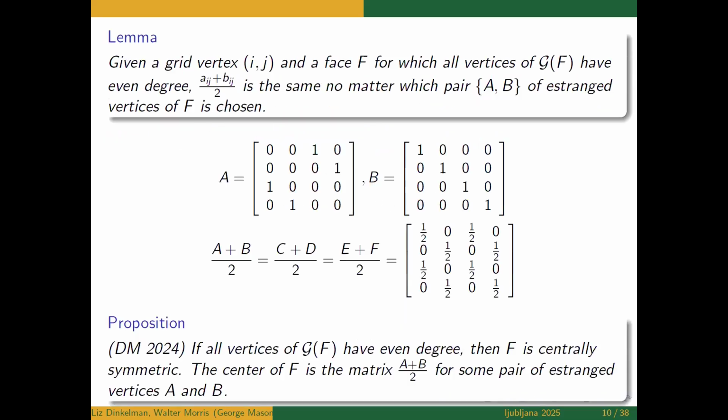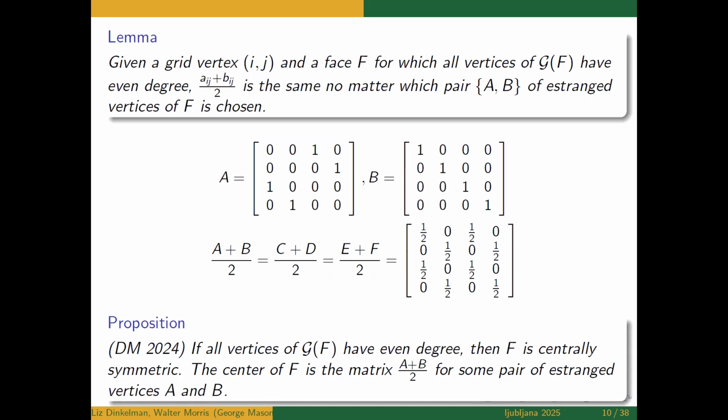All right, next concept. Given a grid vertex ij and a face F for which all vertices of script G of F have even degree, A sub ij plus B sub ij over 2 is the same no matter which pair AB of estranged vertices are chosen.